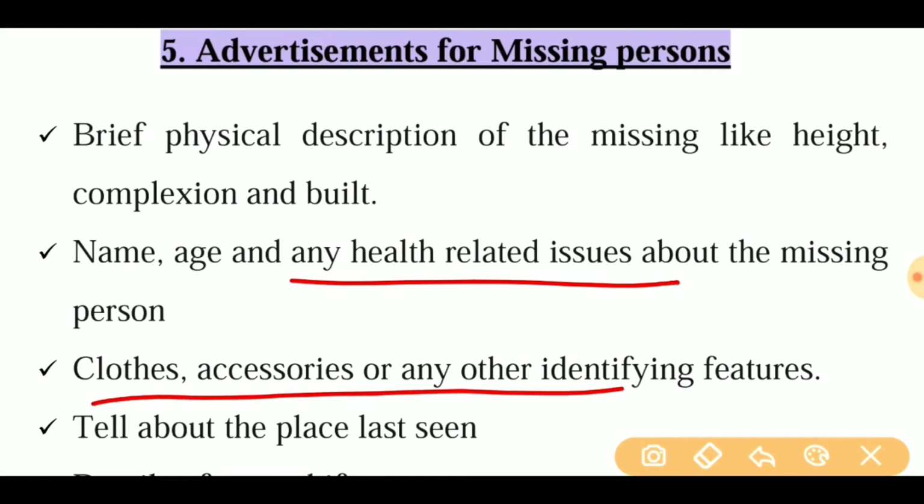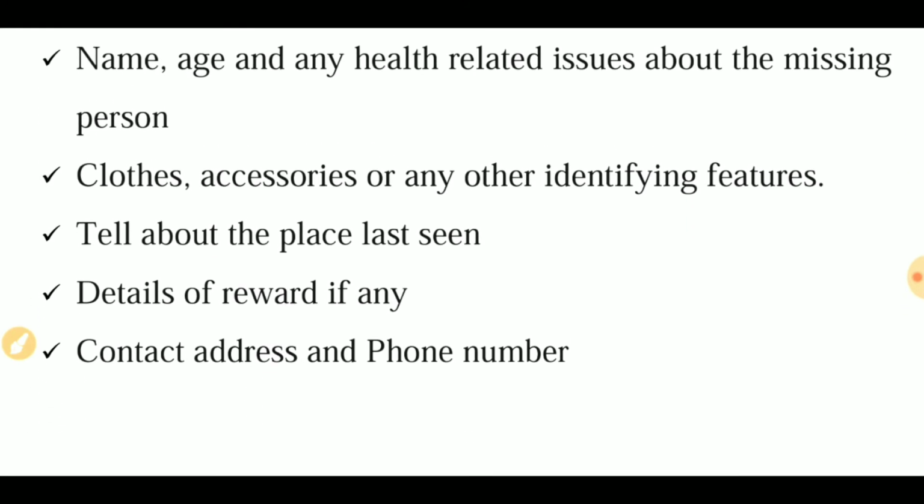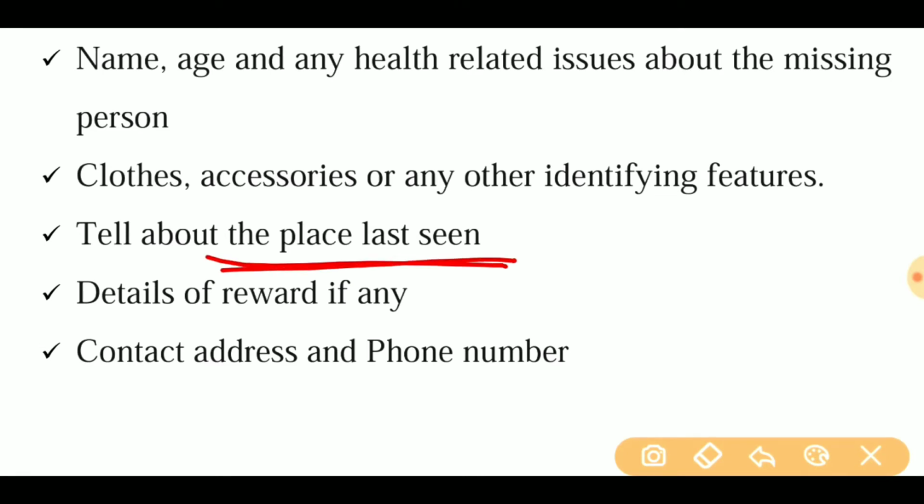You are to tell about the place where the person was last seen. Details of the reward: if any reward has been set by you, then you should mention it in the advertisement. And lastly, the contact details where the finder could contact you.